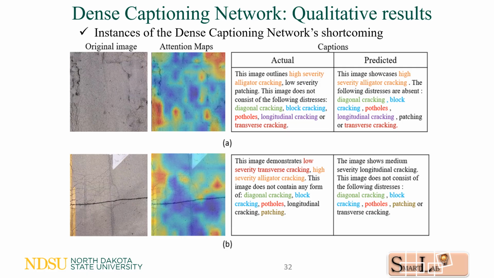So it's not able to even tell us the low severity transverse cracking in the image and also the high severity alligator cracking in the pavement image. These errors often arise in borderline situations where severity is very ambiguous and where the cracks are faint and very difficult to distinguish from the texture.